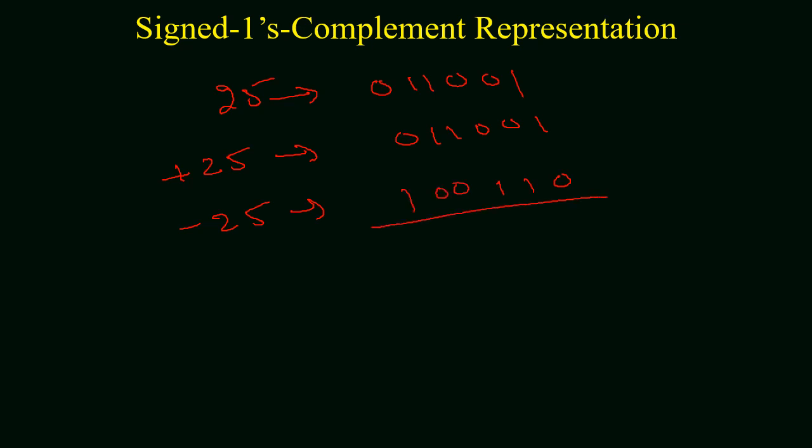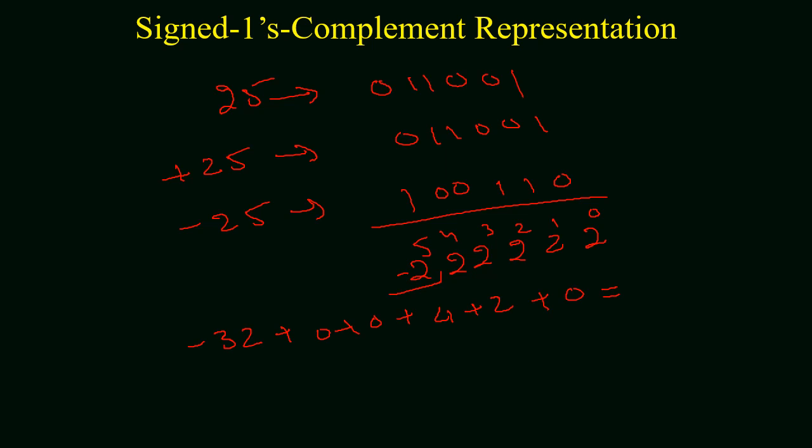Now if we calculate the weight, first of all we will assign position and weight, that will be 2 power 0, 2 power 1, 2 power 2, 2 power 3, 2 power 4 and 2 power 5, where the MSB will have a negative weight, so it will be minus 32, and this will be a 0, again 0, then we will have 4 plus 2 and then 0. 4 plus 2 is 6, and this will be minus 26, and plus 1 for the 1's complement method, this will be minus 25.